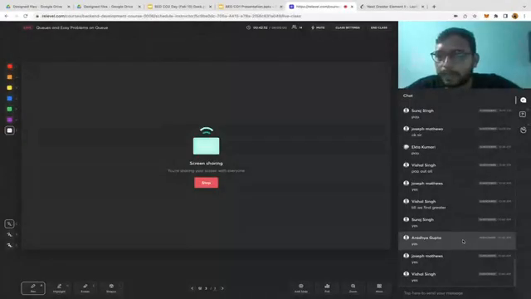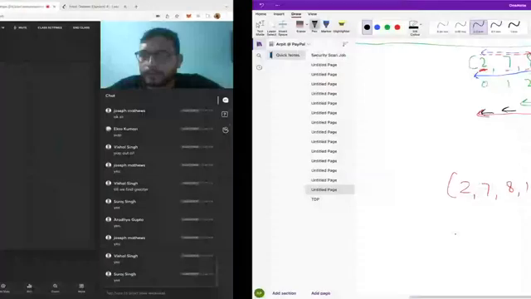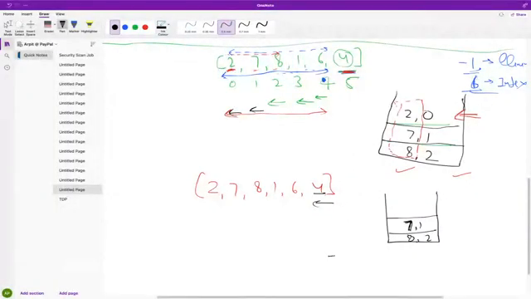Everyone agree with that? So the answer for 4 would be 7. For 4, the next greater element would be 7. Okay, now push the 4 also.